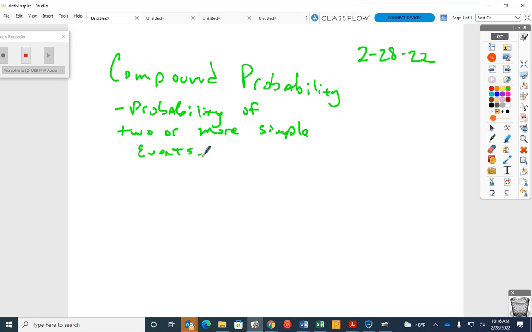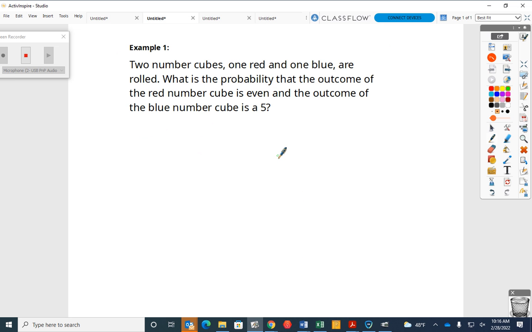So let's look at example 1. And this is easy, guys. This is really easy. 2 number cubes, 1 red, 1 blue, are rolled. They're both fair dice, 1 through 6, right? What is the probability that the outcome of the red number cube is even and the blue is a 5?